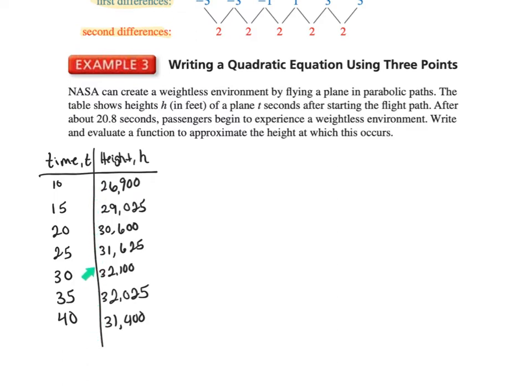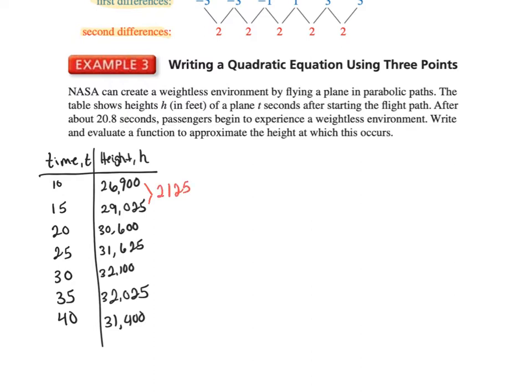Now we're going to look at our y values, to figure out if our second differences are the same. What we do is take our first two values and subtract the bottom one from the top one. 29,025 minus 26,900 gives us 2,125.